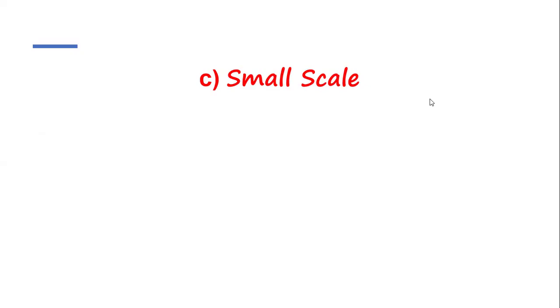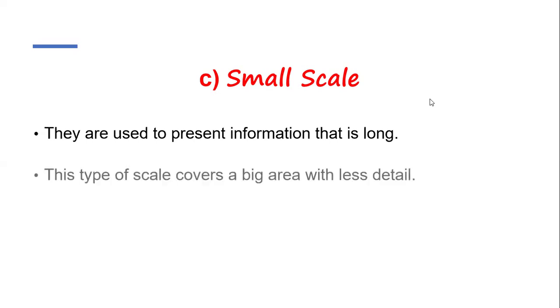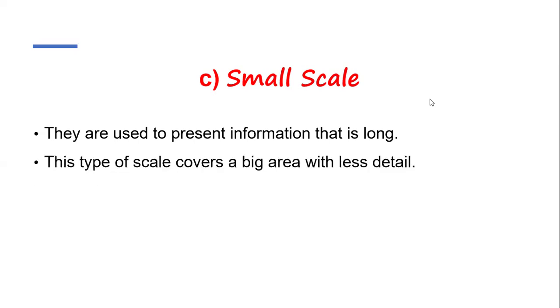And last but not least, the third kind of scale is the small scale. Small scales are used to present information on large areas and huge features shown within a given place. This type of scale covers a large area with fewer details, since a huge place is covered within it.